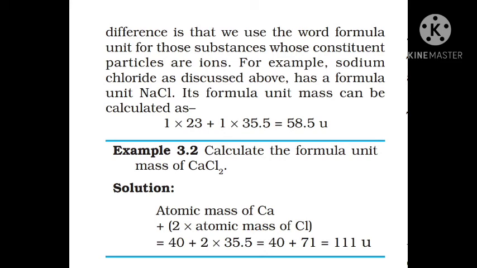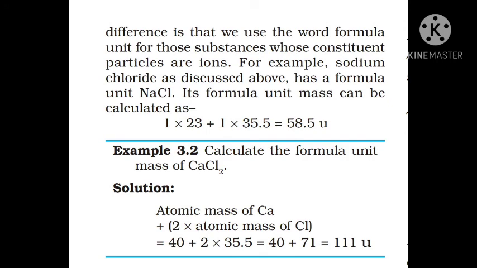For example, sodium chloride, as discussed above, has the formula NaCl. Formula unit mass of NaCl is equal to 1 into 23 plus 1 into 35.5, that is mass of Na plus mass of Cl, which is equal to 58.5 u.